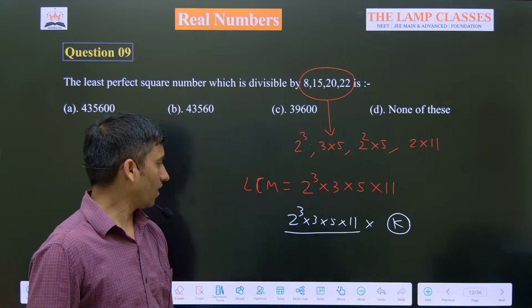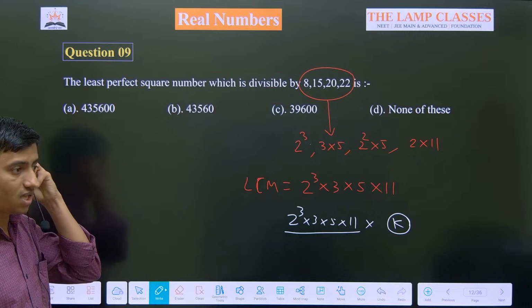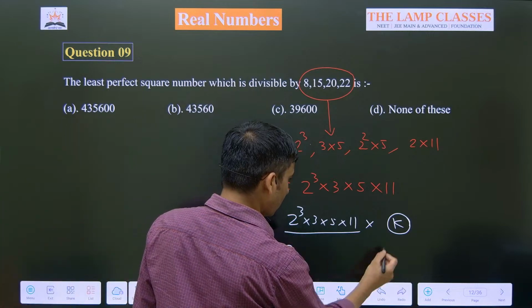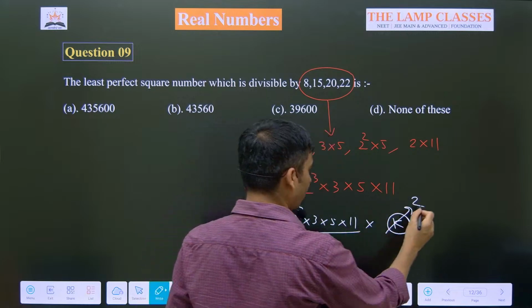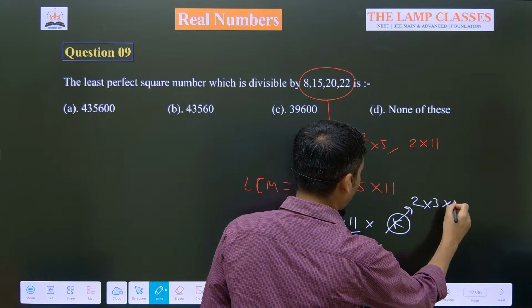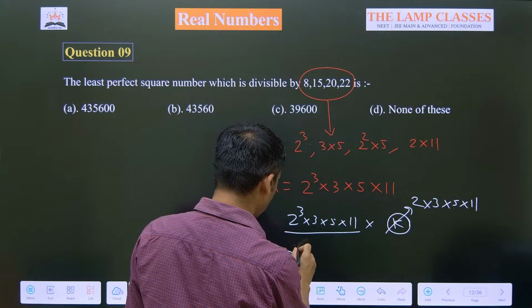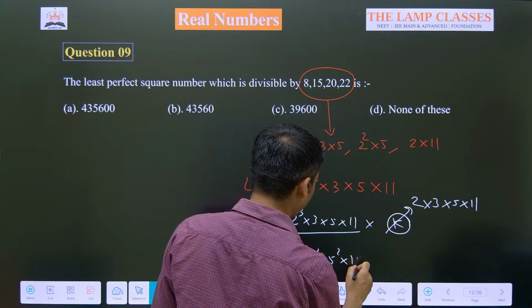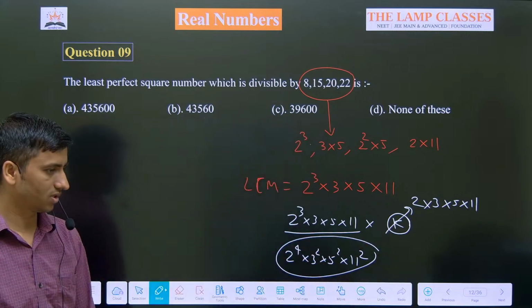For a perfect square, you know that the prime factors should have even powers. That means k must consist of 1 two so that it becomes 2 raised to an even power, and 1 three, 1 five and 1 eleven. So the smallest number has to be 2 raised to 4, 3 raised to 2, 5 raised to 2 into 11 raised to 2, and just multiply them, and whichever option comes, that has to be the answer.